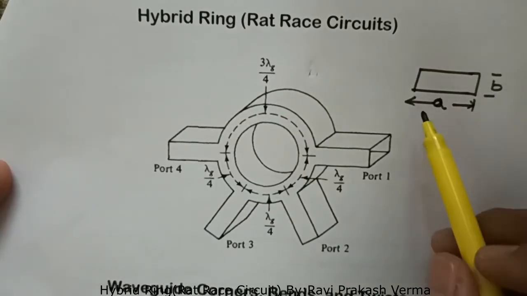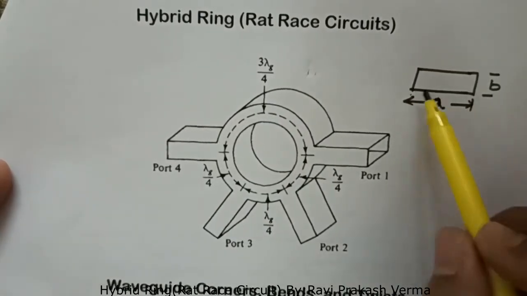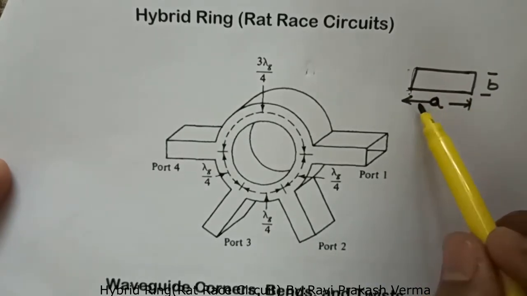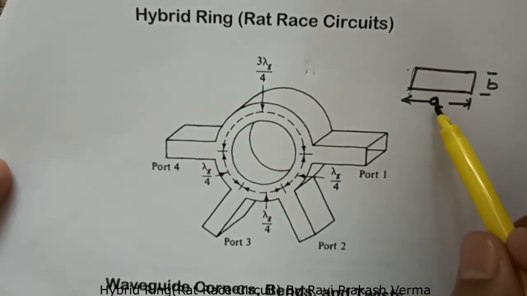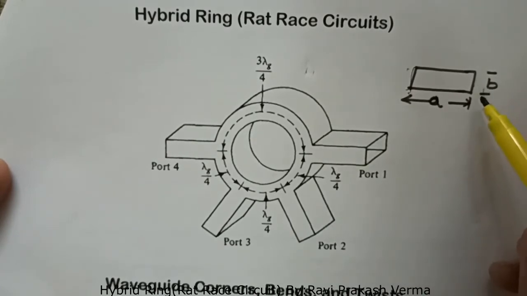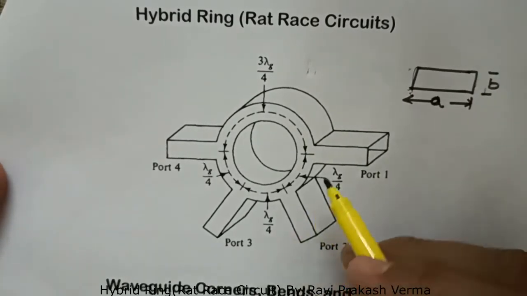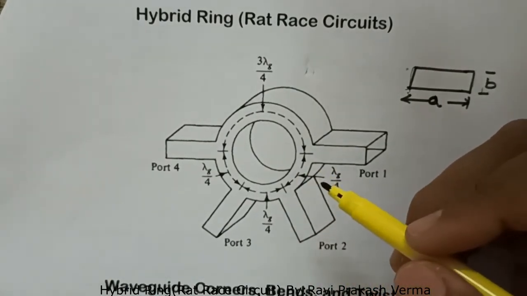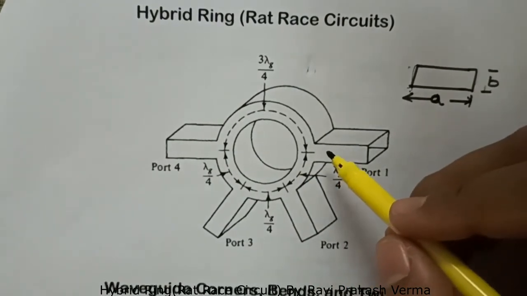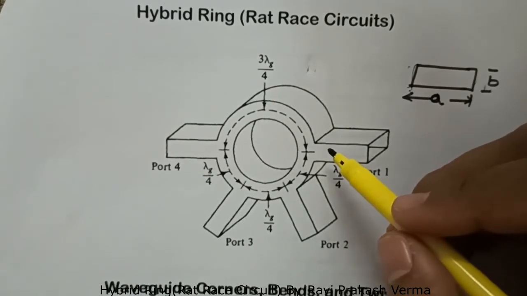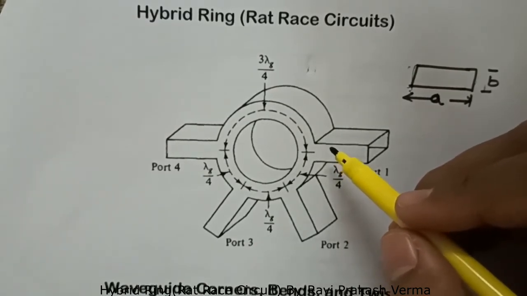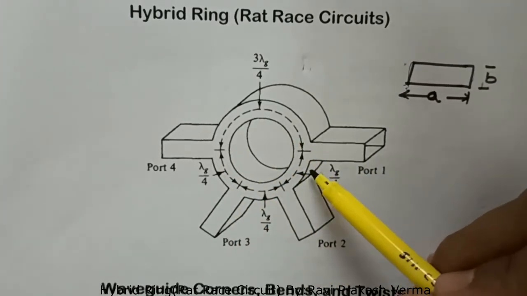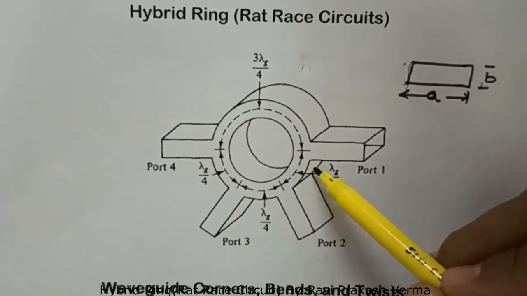In a rectangular waveguide, two dimensions are universally taken: the broader dimension is named variable A and the other is named variable B. So this rat race circuit is made up of series junctions similar to the junction made in the E plane T. It is constructed from a rectangular waveguide modeled into a circular pattern.